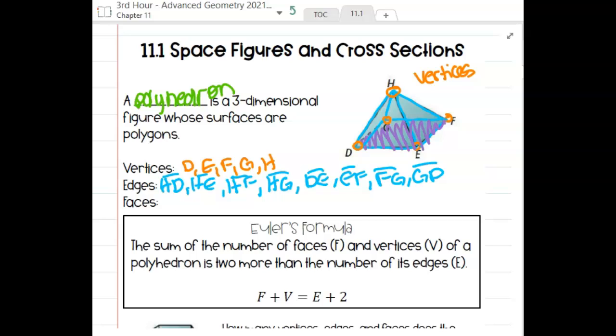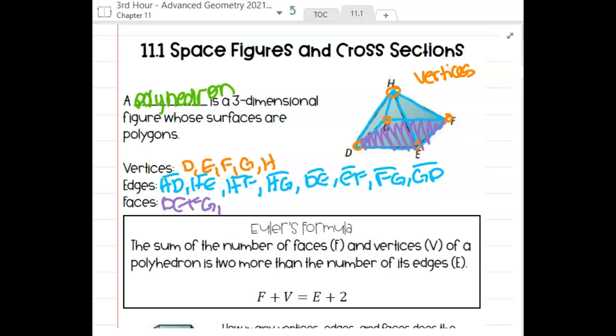So if I start by naming the faces, we're naming polygons. That bottom face is what kind of figure? Looks like a square. To be totally safe, since you don't know for certain it's a square, it might be safer to call it a rectangle. So I need all 4 vertices to name that. One face would be D, E, F, G. And then the other faces are these ones on the outside here.